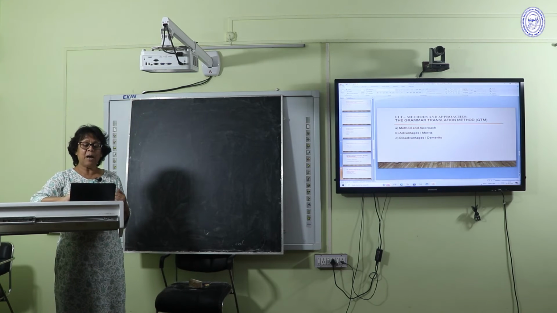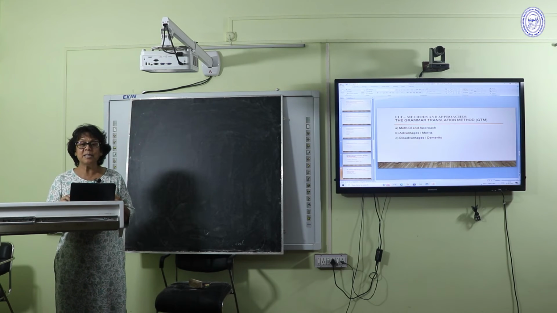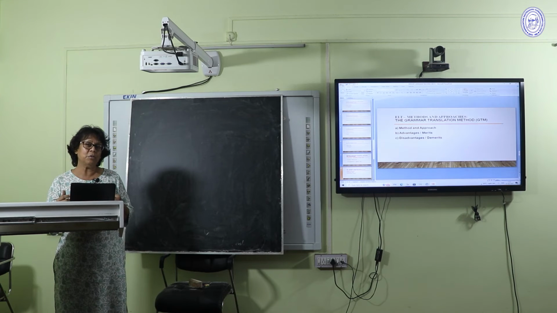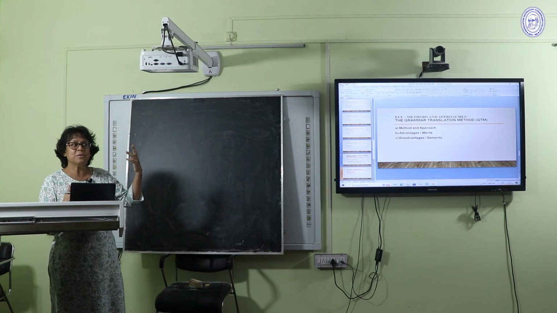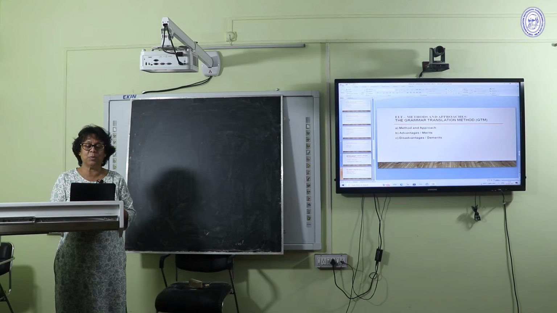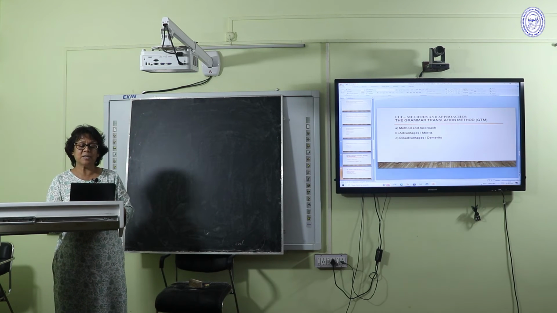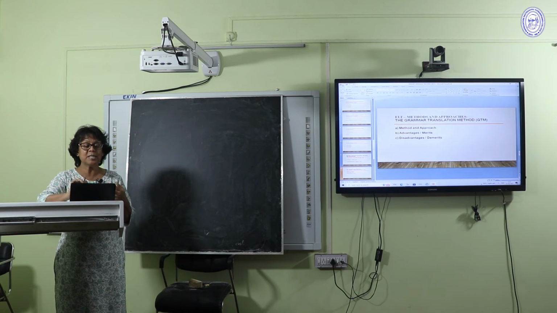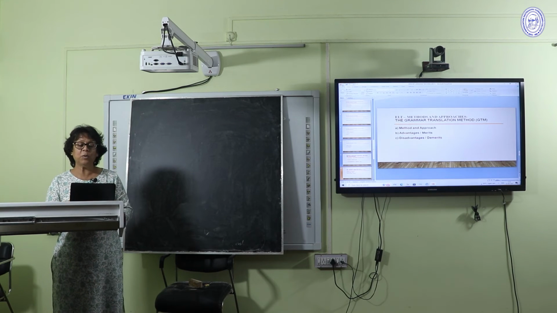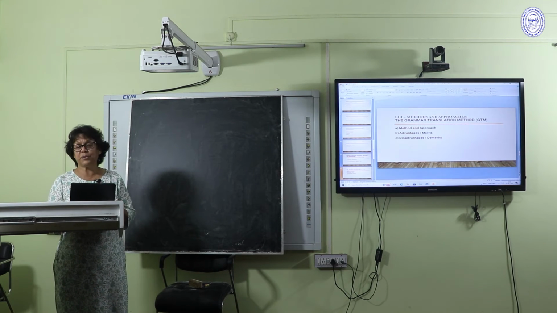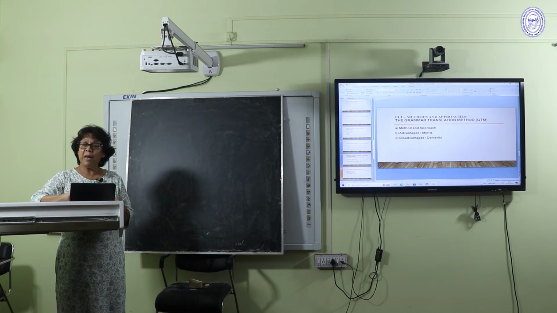Now, the grammar translation method. This is a very old method and no longer used nowadays, and this method was used some 50 to 60 years back in schools. This emphasizes reading, writing, translation, and the conscious learning of grammatical rules. Its primary goal is to develop literary mastery of the second language.